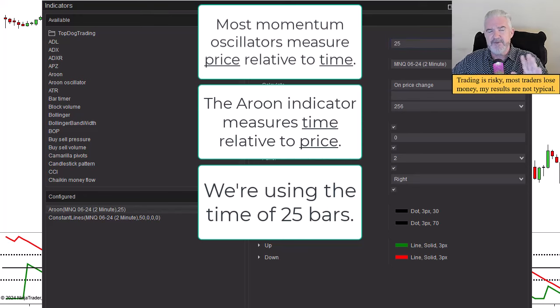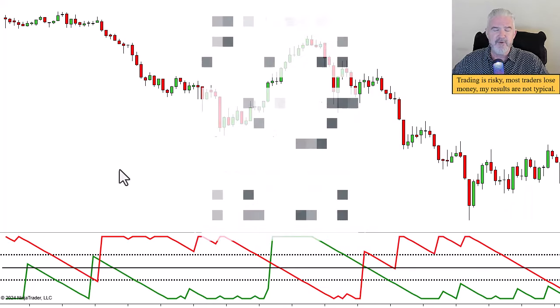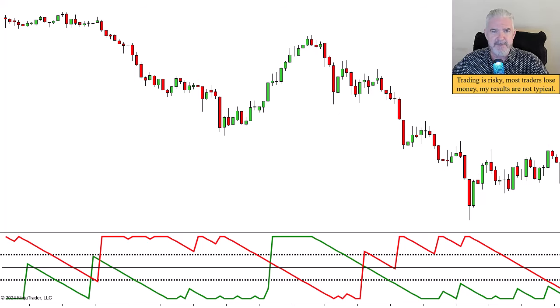Now, the signals we do want to take, now that we know what we don't want to take, which is what a lot of people teach out there. So what do we want to take? Very well, I'm going to show you right now. So we want to wait for a strong impulse move. Those of you who have heard my teaching before, you know I look for extremes. So the red is bearish, the green is bullish.